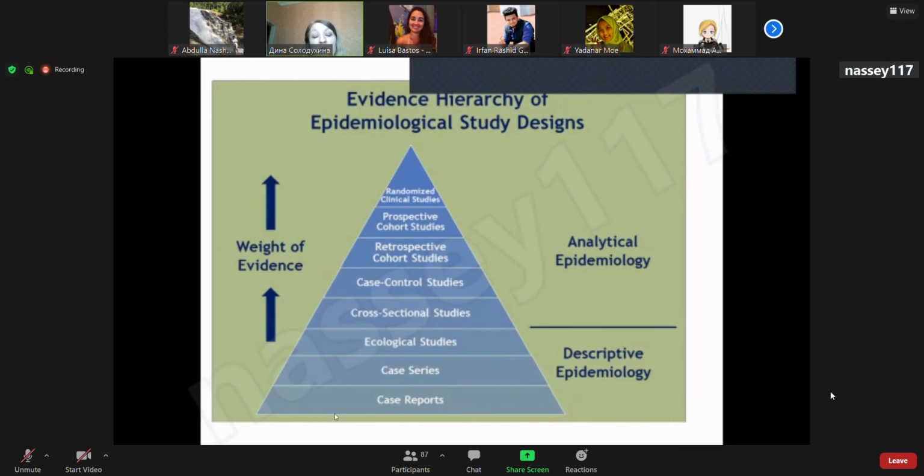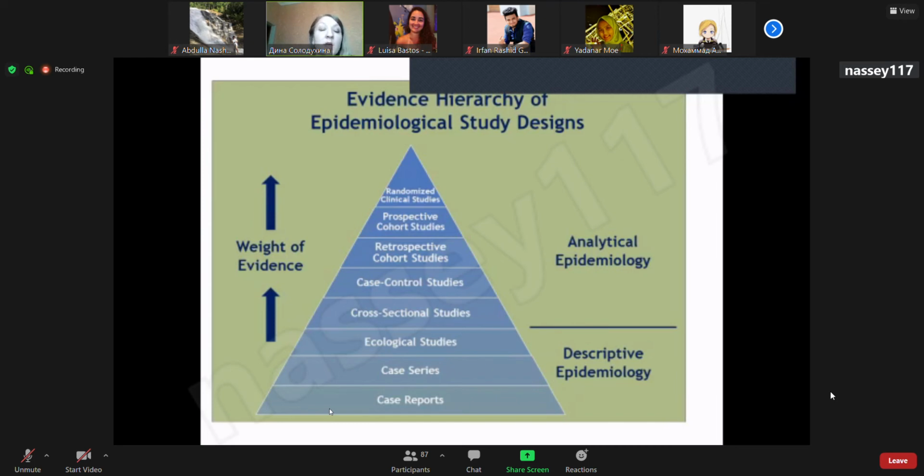If you analyze this hierarchy, you see that the weight of evidence grows and achieves maximum at the top with the randomized clinical studies. However, case reports, case series, and ecological studies are the basis of descriptive epidemiology.